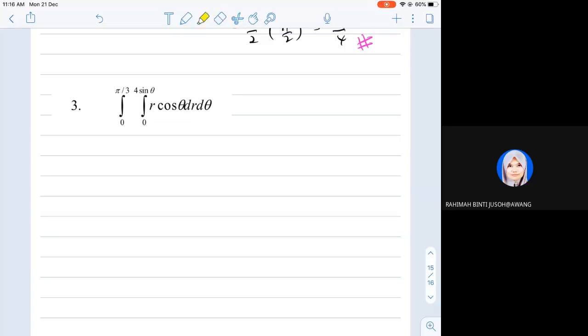Again, you have to refer to the limit in order to sketch the region. So we have r from 0 until 4 sine theta. So r equals to 4 sine theta, and r equals to 0. Of course, we will have this region.